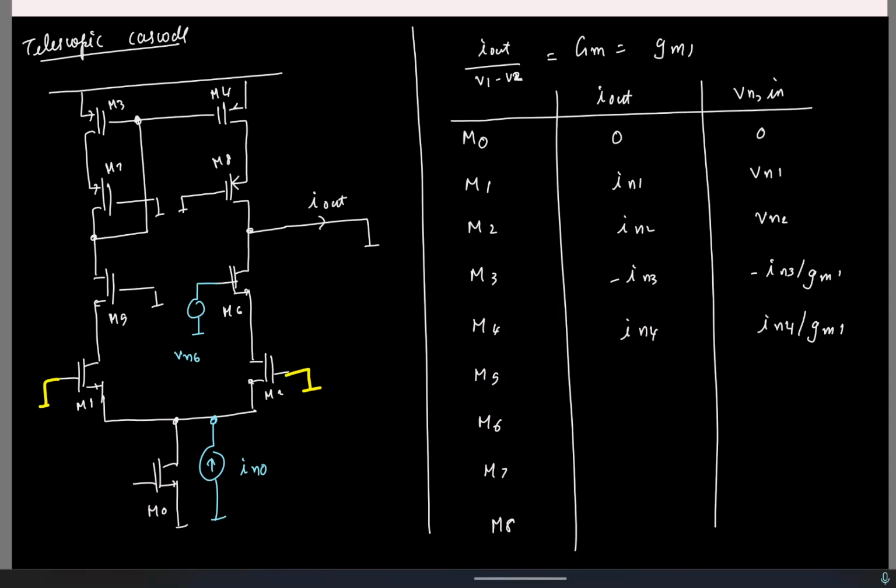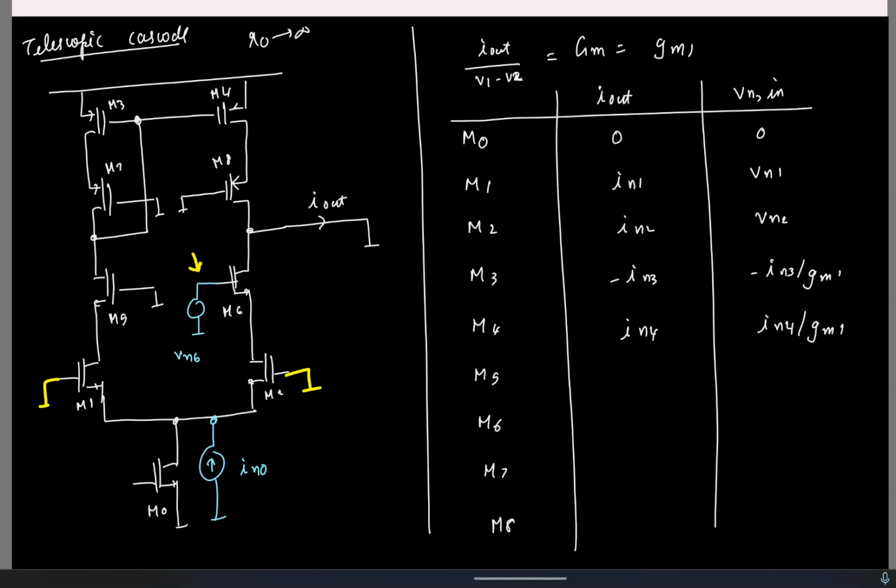So because of this guy, what do you think the output current will be? If I change the gate voltage of M6 here, what will happen to the current? Again, I've assumed that all R0s are infinity. Cascode. So basically this is now an open circuit for us, right? So what can you say about the current?